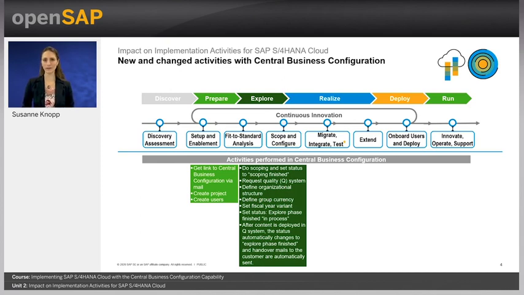Once this happens, the system automatically sets the status back to Explore phase finished. With that, you are in the Realize phase, and here you can request the productive system.